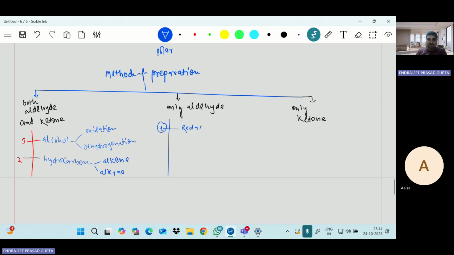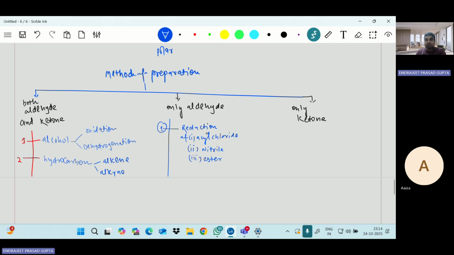First, see the reduction: reduction of acyl chloride, second nitrile, nitrile means cyanide, third ester. So acyl chloride, nitrile, and ester.